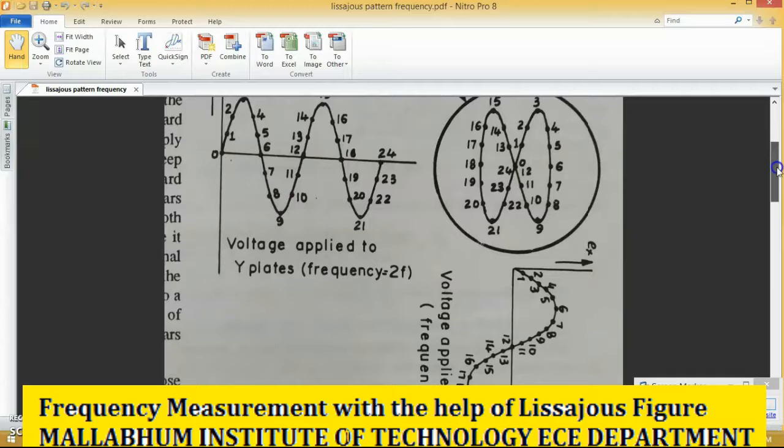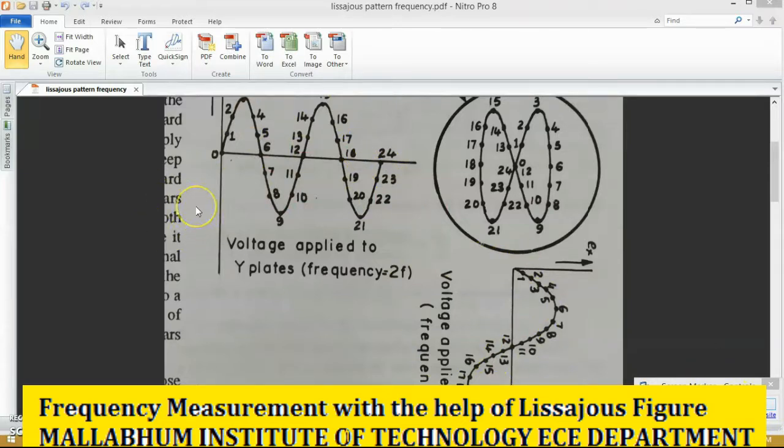Now you can easily see the different points of the region marked here and marked here. So 24 points here and 24 points here.